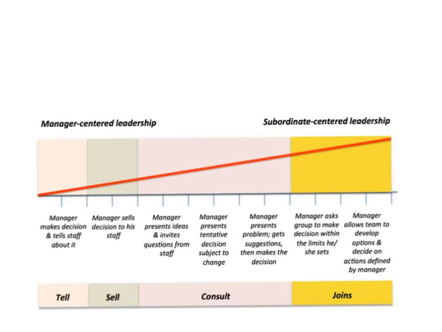Okay, so this is the scale, and as we can see, it has many different elements. Again, every single element is crucial. Now if you think about it from the top, we can see that it goes from a manager-centered leadership to a subordinate-centered leadership.